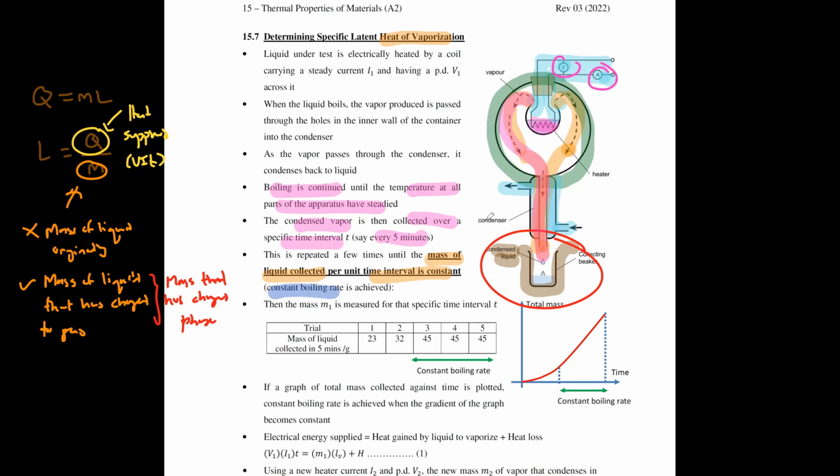Okay, so if you try to tabulate the mass of water condensed and collected every 5 minutes, say this is the first trial, second trial, third trial, fourth trial, and fifth trial. Notice how the mass of the liquid collected changes. At first it was 23, then it was 32, and then subsequently it became 45, and it remained at 45 and 45. This part here is where we say that you have actually reached constant boiling rate.